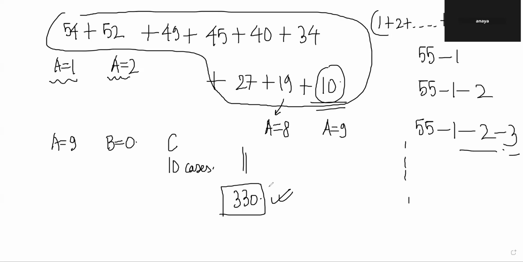And there were total 900 ways to make 5-digit palindromes. So the required probability is 330 by 900, which is 11 by 30. That will be your answer. Is it clear? Yes.